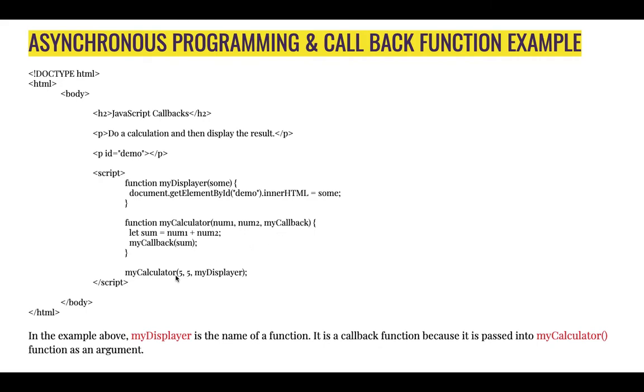So this callback function that we passed is myDisplayer. So myCalculator is going to add 5 plus 5 and then it will call myDisplayer passing the summation of 5 and 5, which is 10.